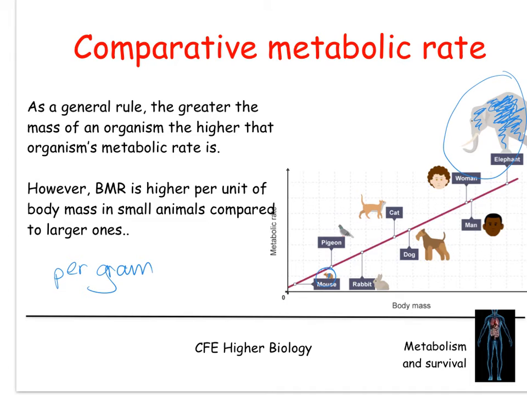We find that the metabolic rate per gram of body tissue in a mouse is much higher than it is in elephant tissue. In actual fact, it uses far more oxygen per gram, something like 10 times more oxygen per gram of body tissue.